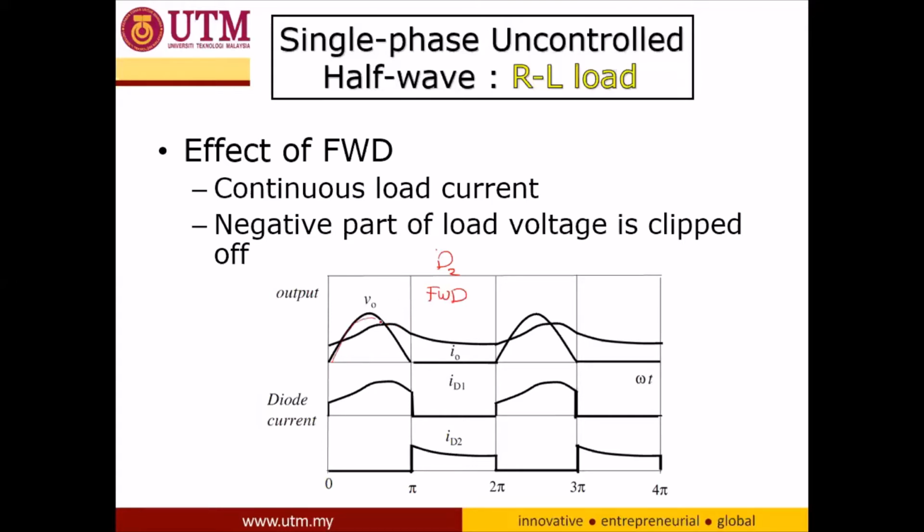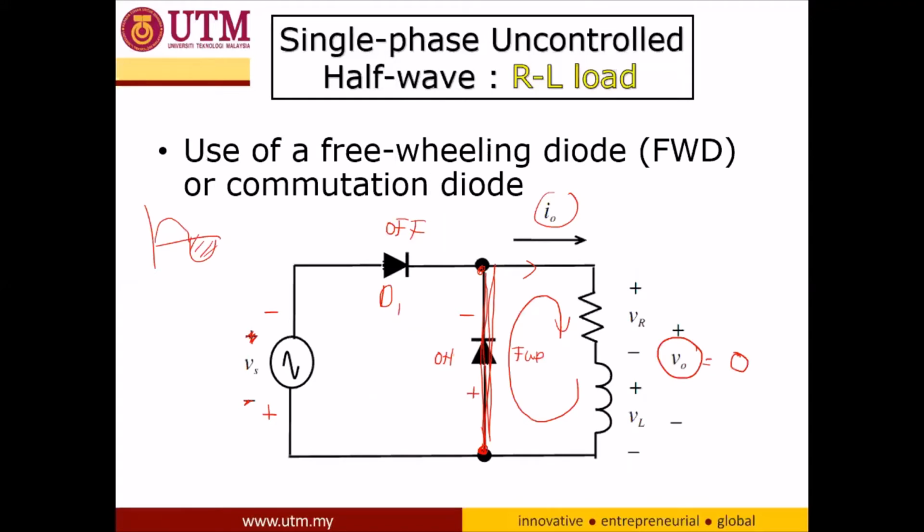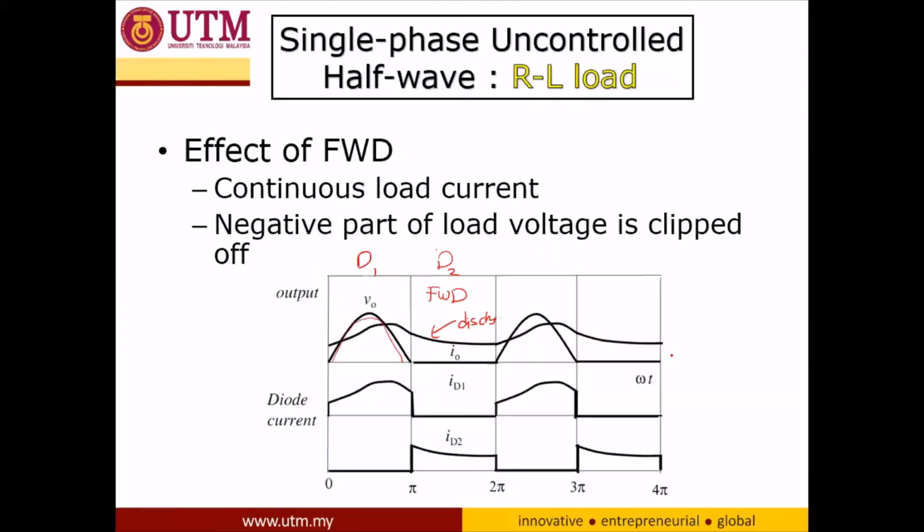So during the first positive cycle, D1 will turn on, and for the next negative cycle, D2 will turn on, and this is the current discharging. Since it is discharging and the voltage across the load is similar to the freewheeling diode voltage drop, which is equal to zero, we have a zero output here.